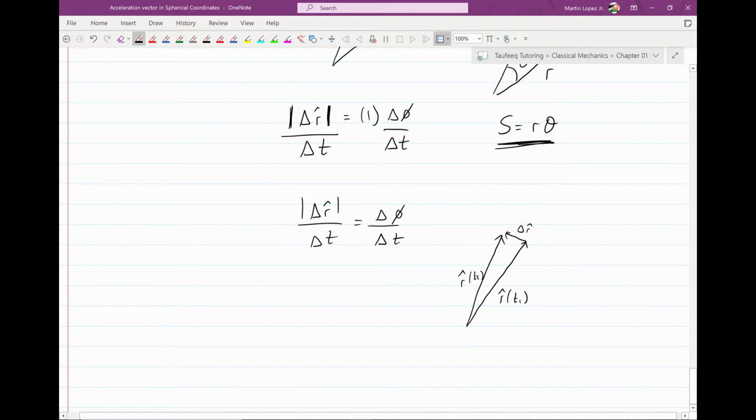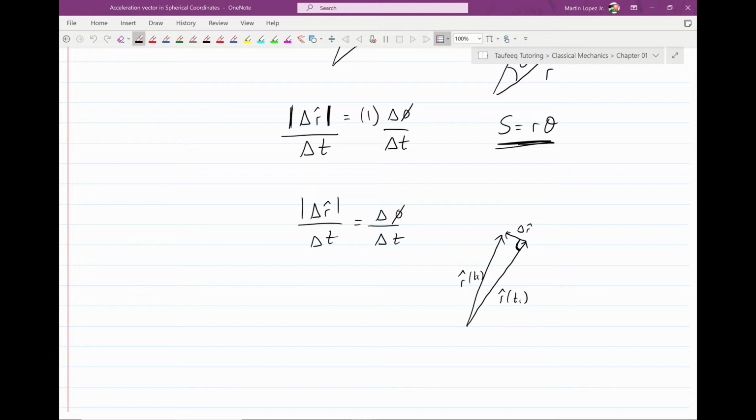Now, it almost looks like delta r hat is perpendicular to r hat. If it was actually infinitesimal, it would just be tiny, I can't even draw it, there's no space to draw it that close. Basically, if you take the limit as delta t goes to 0, delta r hat will be perpendicular to r hat.